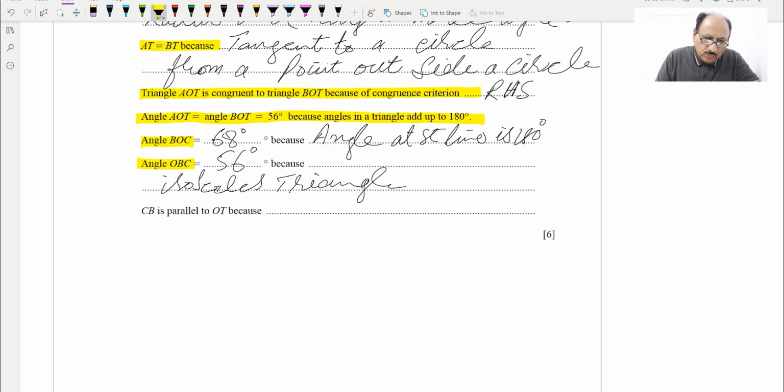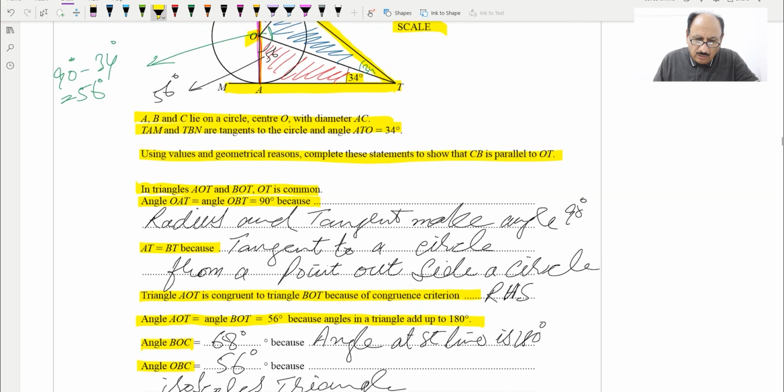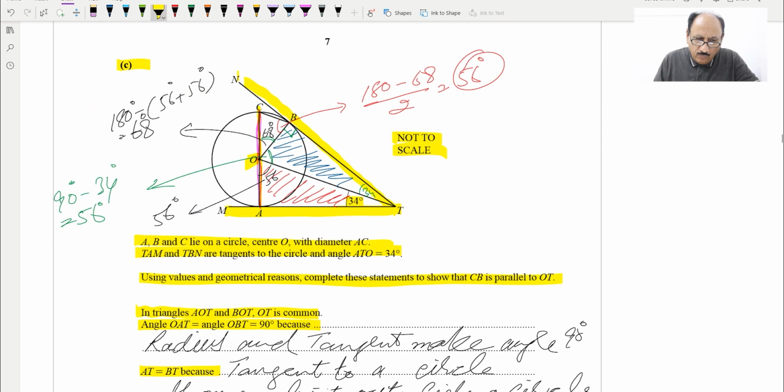Then comes to this one, CB is parallel to OT. Reason is alternate angles are equal. Which one is CB? I will explain. CB is parallel to OT.